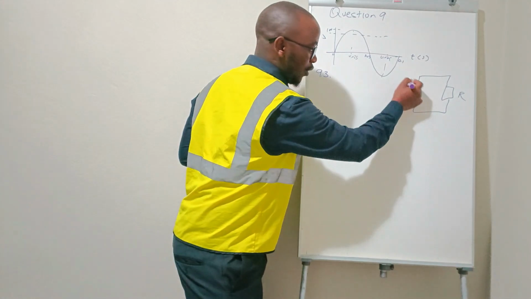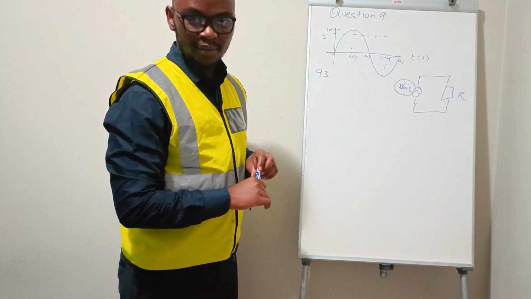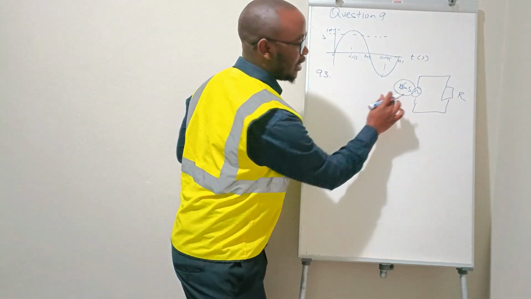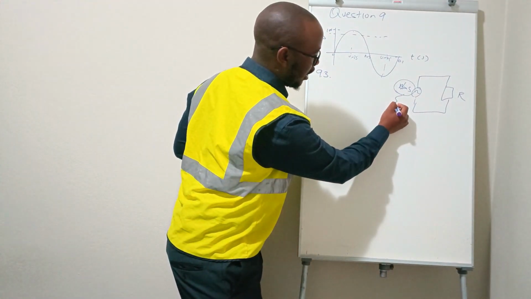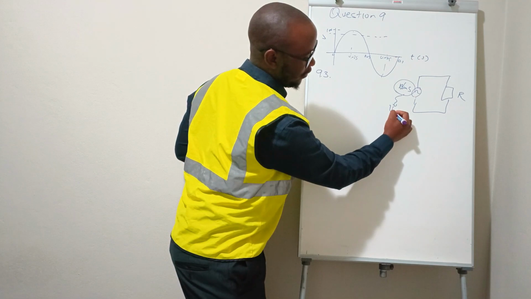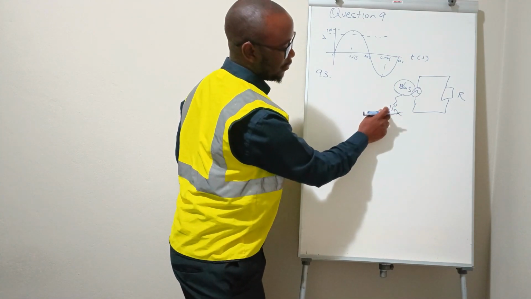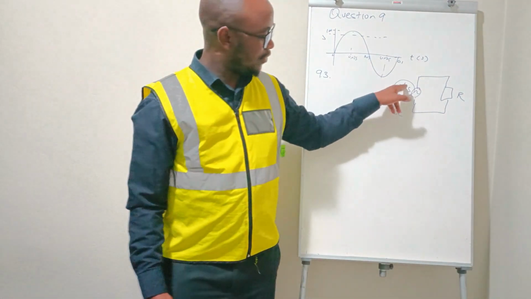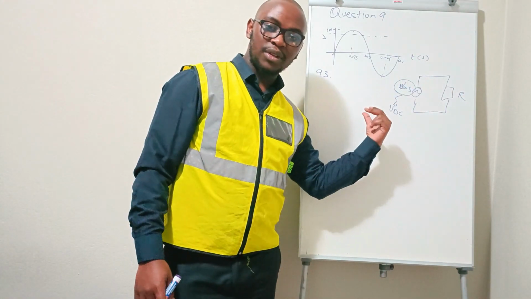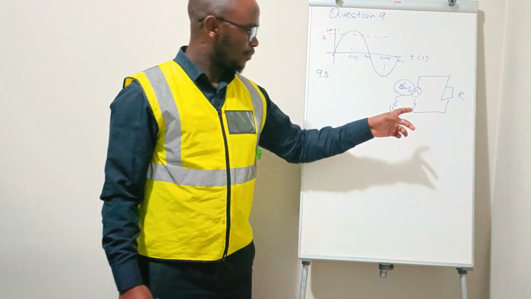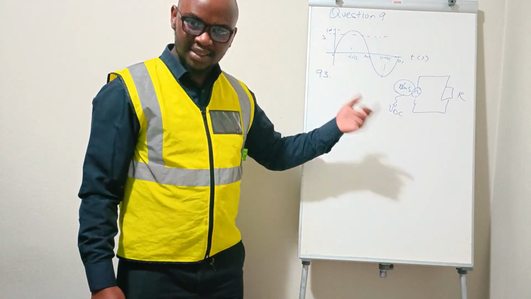Now, if we take the equivalent DC value, so we change this now to a VDC, the direct current voltage, and we expose the resistor to the same potential difference, it is going to dissipate the same power.